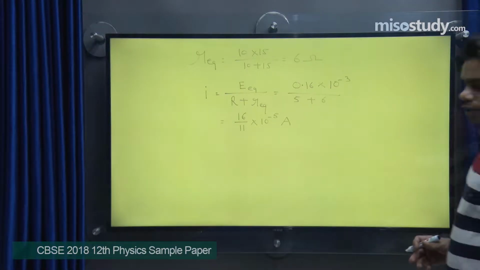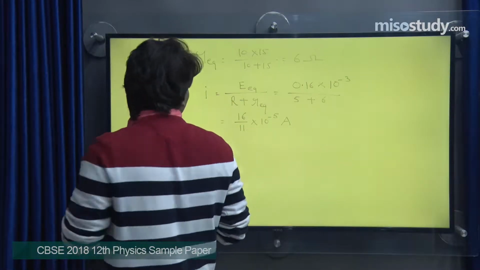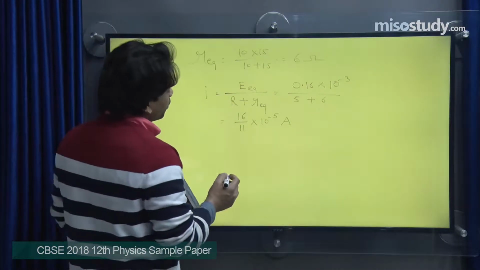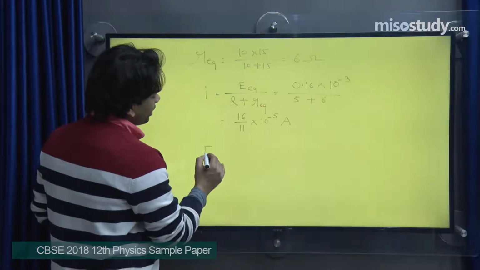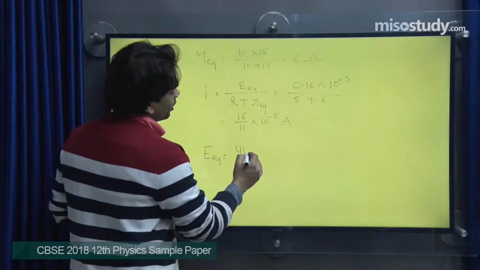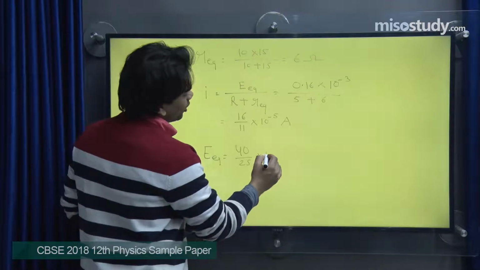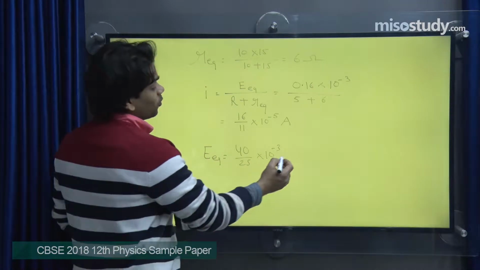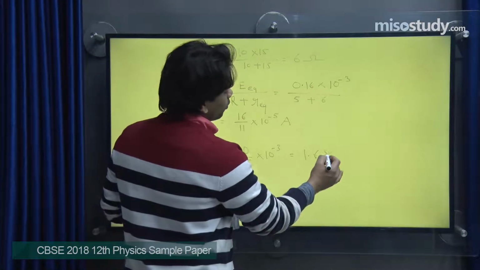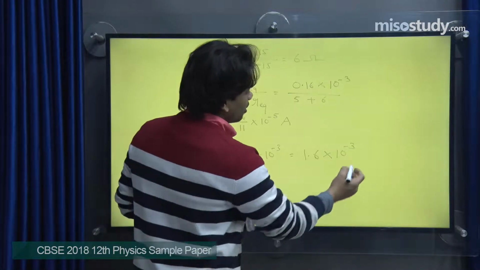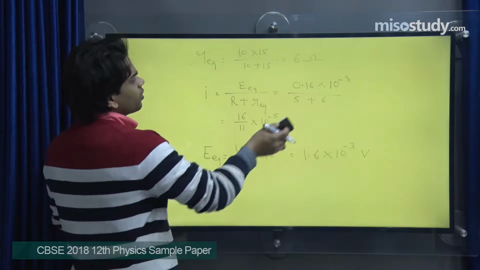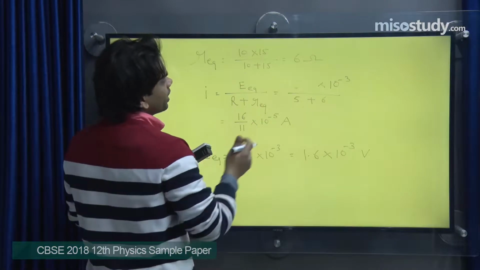Okay, so you would have taken down this. Now one thing: we got here the equivalent EMF as 40 by 25 multiplied by 10 to the power minus 3. This will actually come out to be 1.6. I wrote 0.16, this is actually 1.6 into 10 to the power minus 3 volts. So you have to substitute here 1.6. Take care of that.